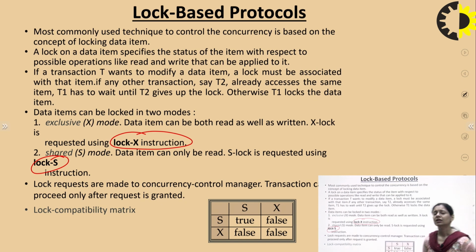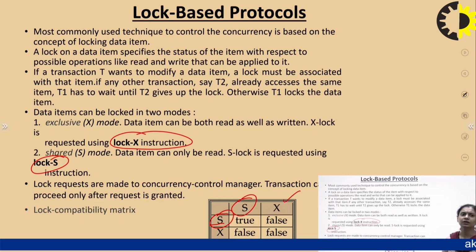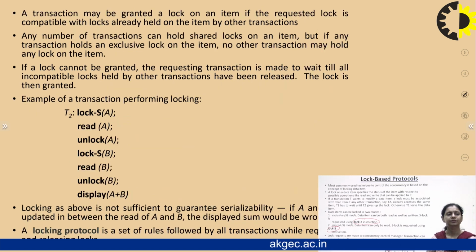So, we have the lock compatibility matrix. The lock compatibility matrix says if we are applying a shared lock, this shared lock can be accessed by other transactions also. That means multiple transactions can read data under the shared lock, but if a shared lock has been applied and some other transaction wants to apply the exclusive lock, that is not possible because the exclusive mode talks about the reading and writing of the database.